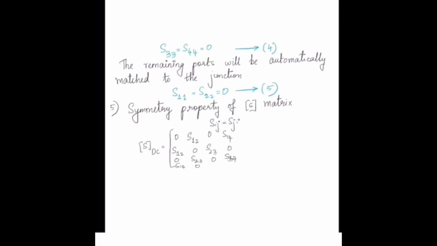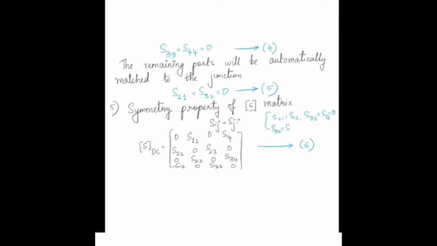Next will be S14, 0. S43 can be written as S34, and then again S44 will be equal to 0. S31 is equal to S13, that will be equal to 0 as they both are isolated.